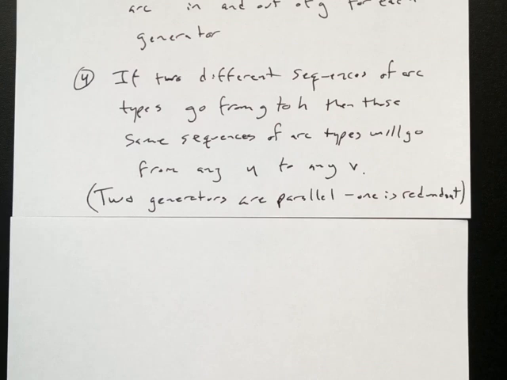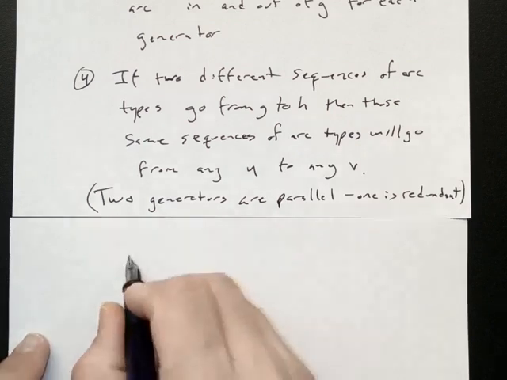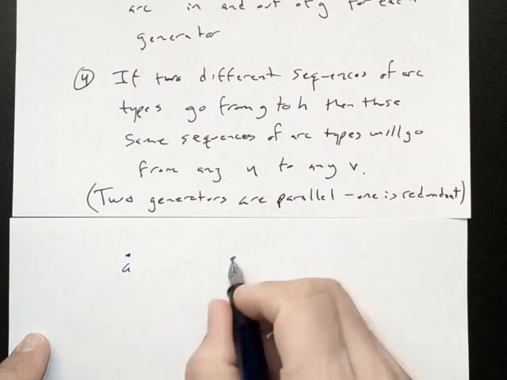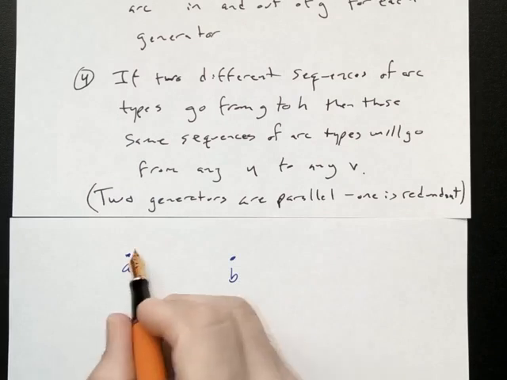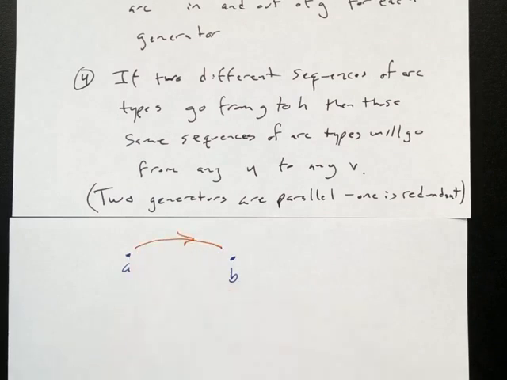Those are very complicated. But what that really means is if I were to see something that looked like this, as soon as I see that, I know there's something wrong.